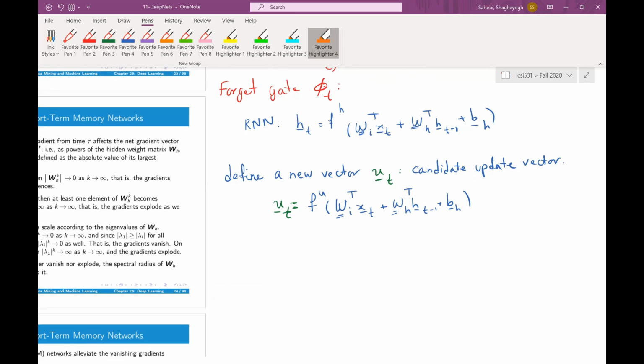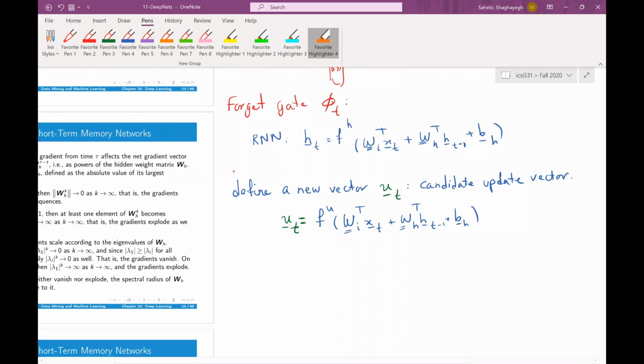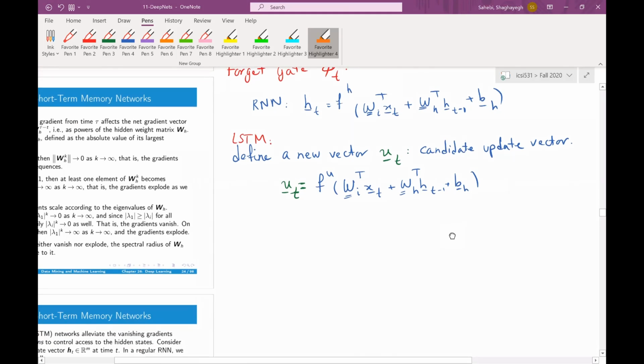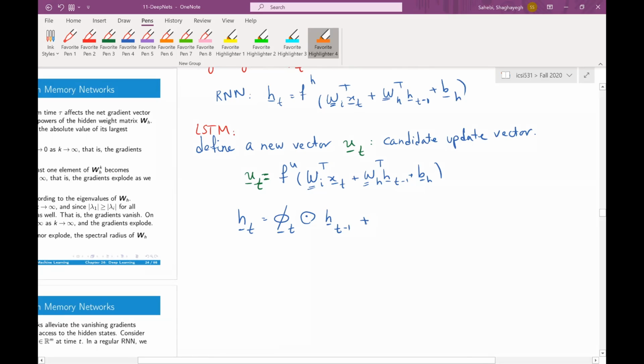Then how do we calculate the new hidden state? So this is RNN, this is LSTM. How do we calculate the new hidden state there? Then what we say is that our hidden state h_t is now equal to phi_t element-wise product with h_{t-1}, plus (1 minus phi_t), vector 1, element-wise product u_t.